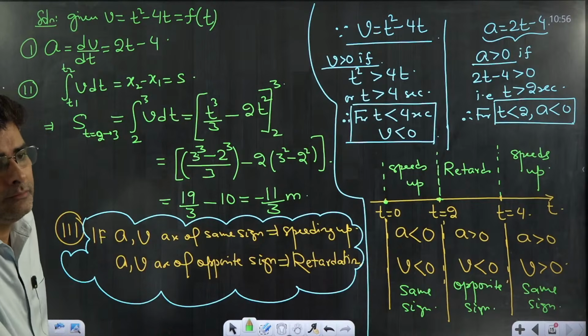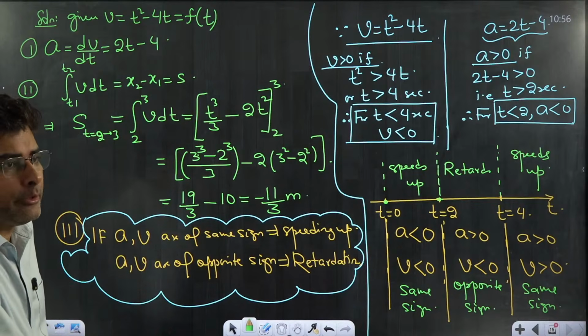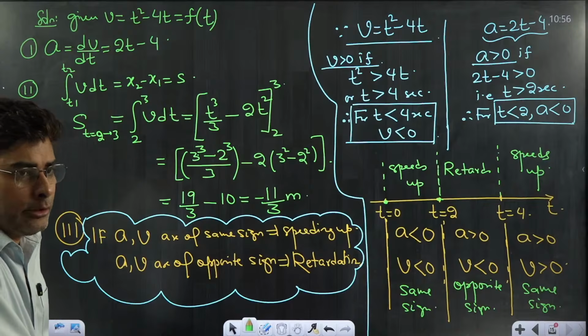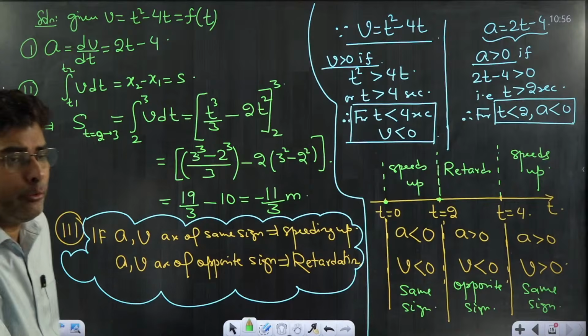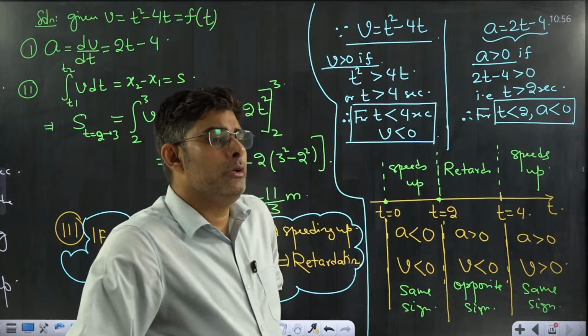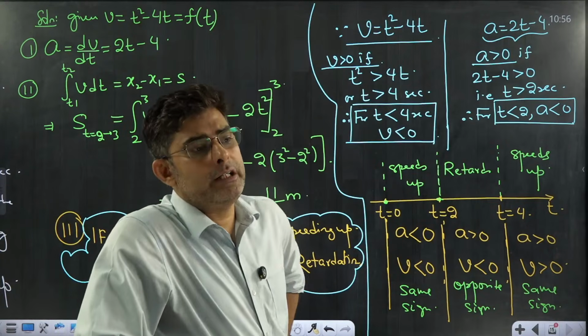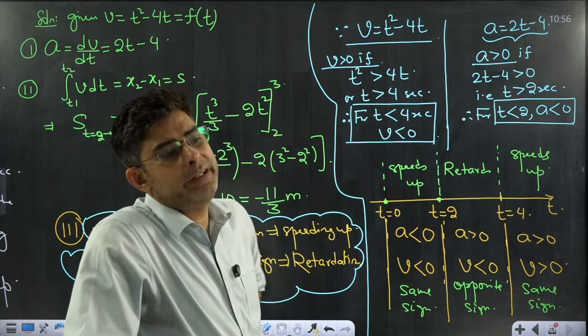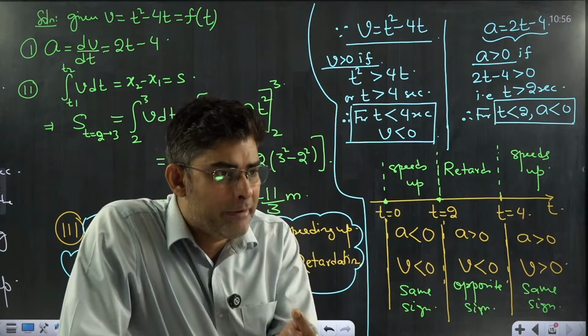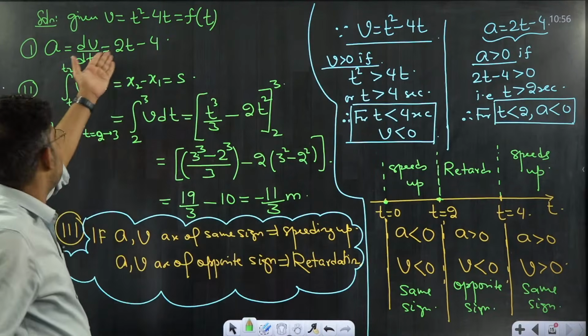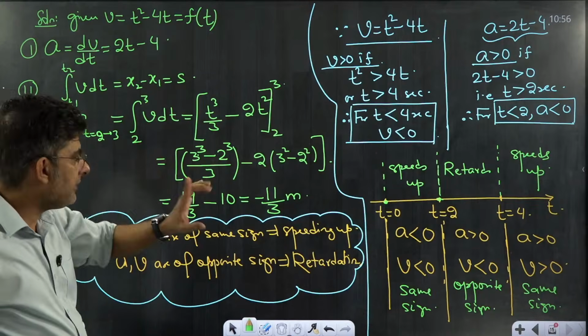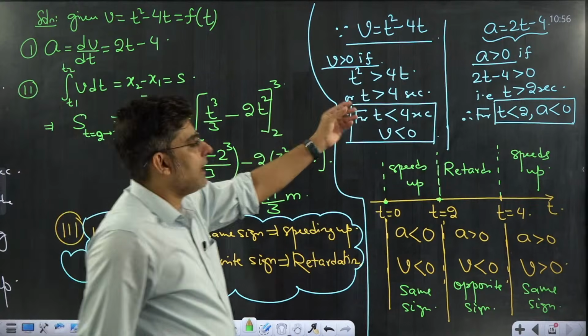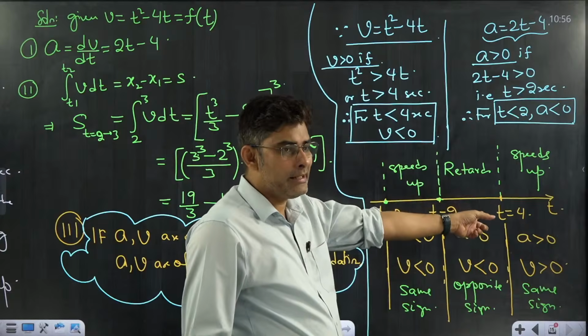Is it clear? Did you see a beautiful application of calculus, where if they give you velocity and ask whether the particle is speeding up or slowing down, the only thing you have to do is differentiate and get acceleration. Once you get that, make a simple column, or you can do it on a straight line only.